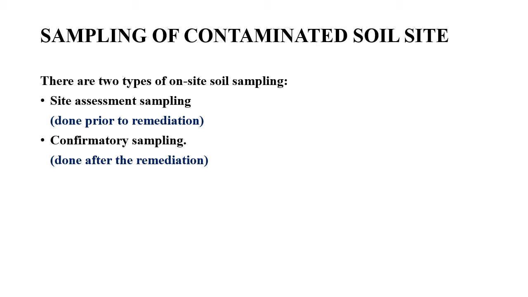So that is the reason why we have to do a site assessment sampling, during the site visit itself, so that a proper remediation technique can be recommended to rejuvenate the land to some extent.